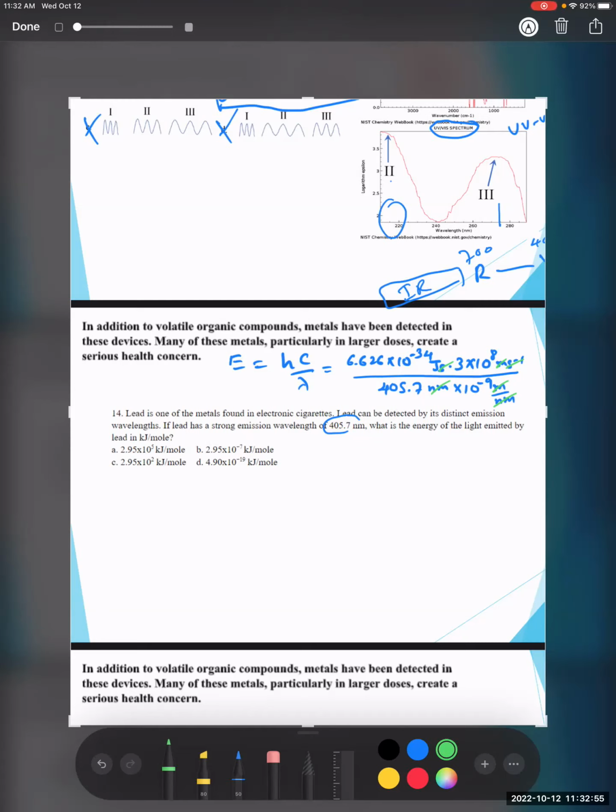If you use a calculator at this point, I have 6.626 multiplied by 3 and divided by 405.7, which gives us 0.0489.